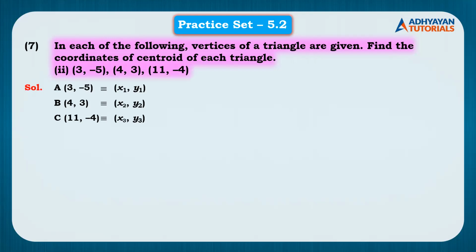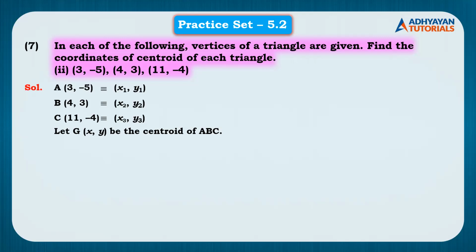Now we all know why x1, y1, x2, y2 and x3, y3, because they are the coordinates of the vertices of a triangle. And students, we have to find the coordinates of the centroid. So normally we represent centroid as G. So let G(x, y) be the centroid of triangle ABC.